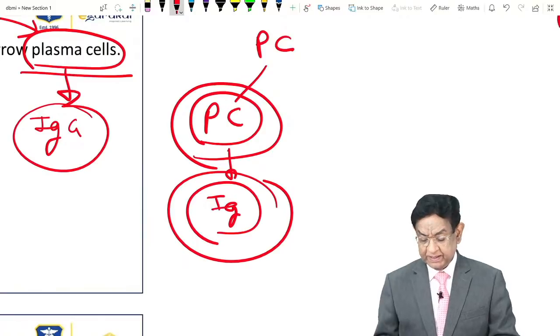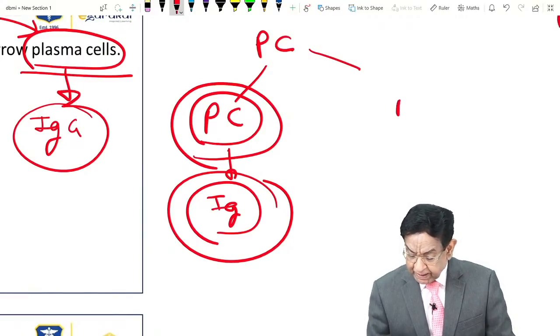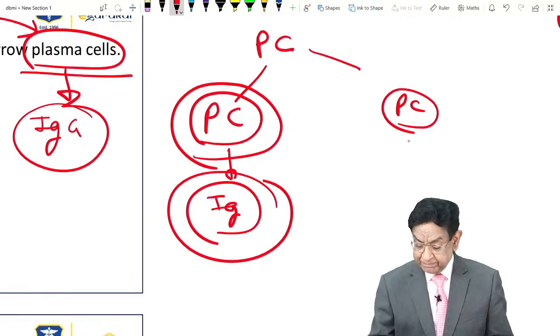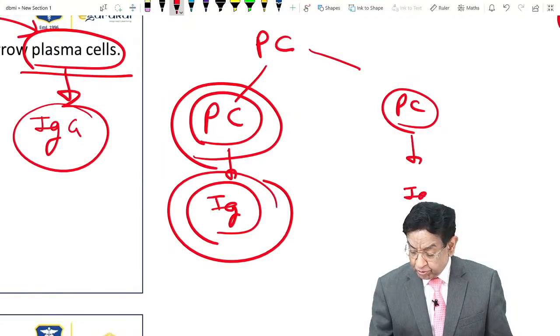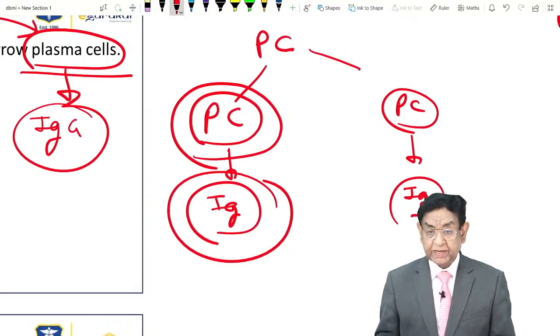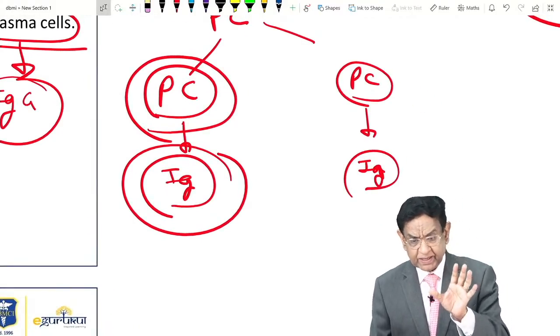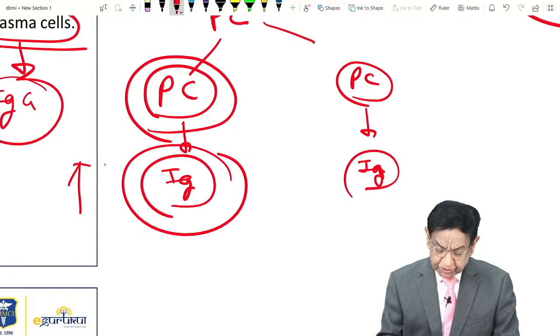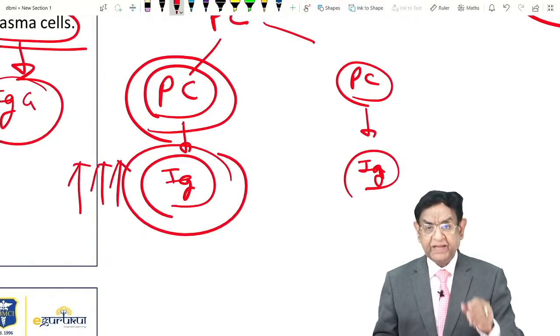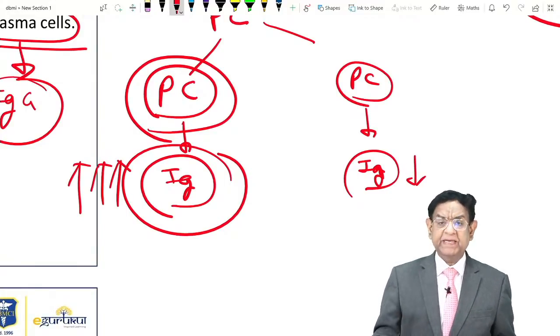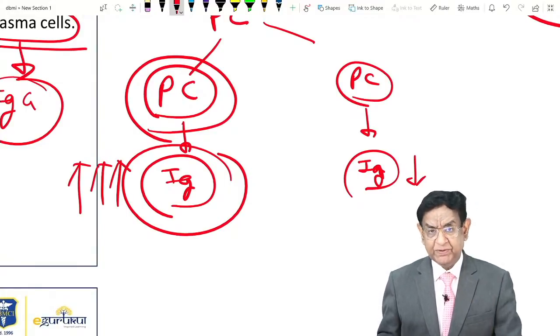But some of the plasma cells are normal also, and they are producing normal immunoglobulin. What I want to convey is that the number of abnormal useless immunoglobulins is very, very high, and the number of good immunoglobulins is much lower than the normal value.